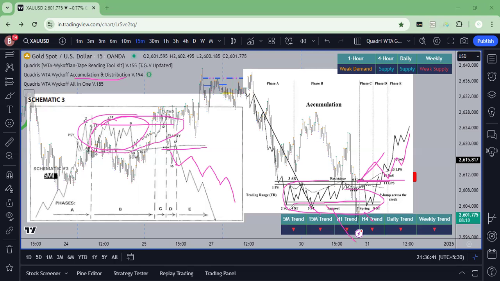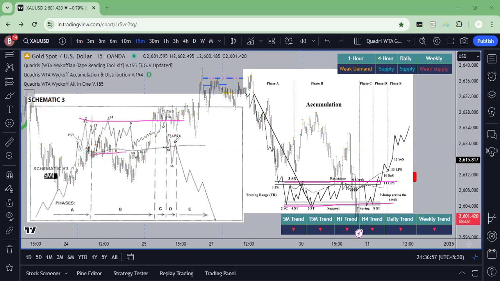To solve this, I have made an indicator wherein, in a nutshell, we get the creek and the support, the resistance, and the ice, so that we get opportunities for short selling at these points. We would also get an opportunity at buying at the bottoms, as well as selling at the pullback of the creek.